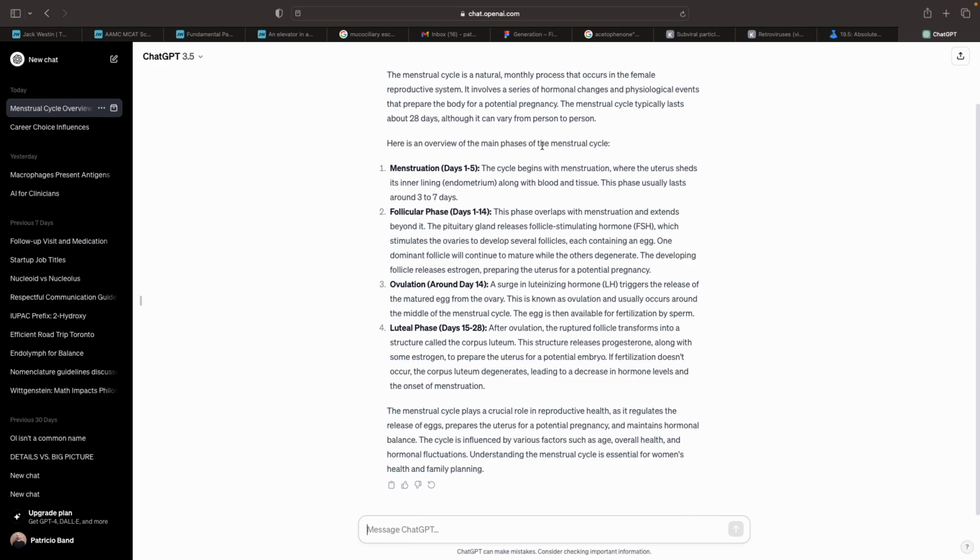It is when the cycle begins, where the uterus sheds its inner lining, endometrium, along with blood and tissue. This phase usually lasts about 3 to 7 days. Then we have the follicular phase from day 1 to 14. I believe it's referring to day 5 to 14. This phase overlaps with menstruation and extends beyond it.